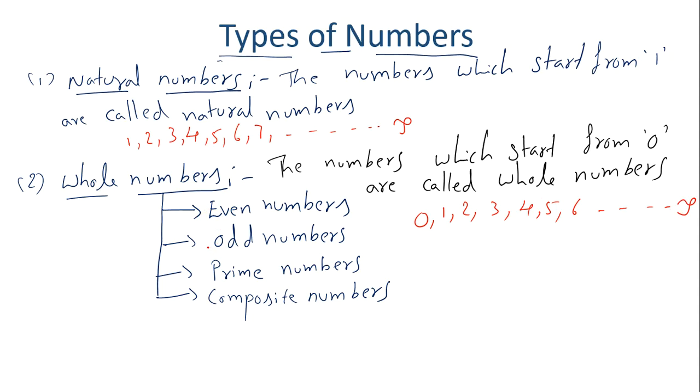Now let's learn about even numbers, odd numbers, prime numbers and composite numbers. In whole numbers, the first type is even numbers. What are even numbers?